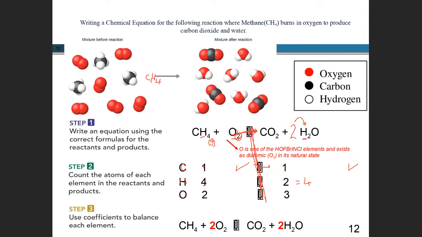Now the hydrogen atoms: here it's 4, on the other side it's 4. But when I put the coefficient 2, it multiplies with the hydrogen, and it must also be multiplied with the oxygen. All the oxygen atoms on the product side have been changed. It's not 3 now; it becomes 4.